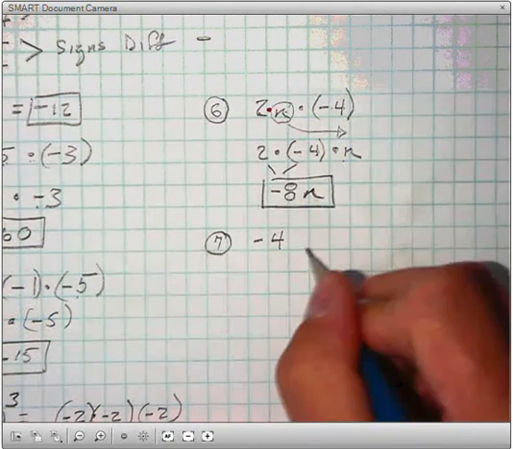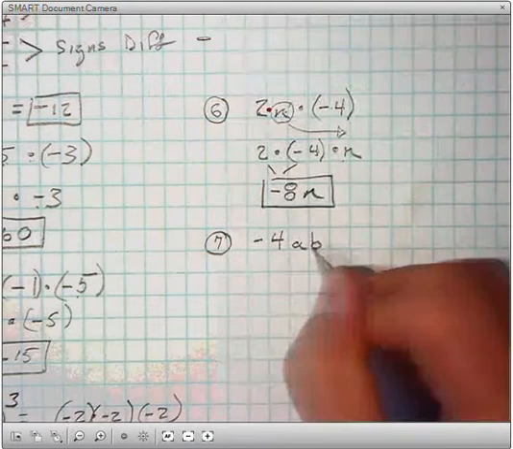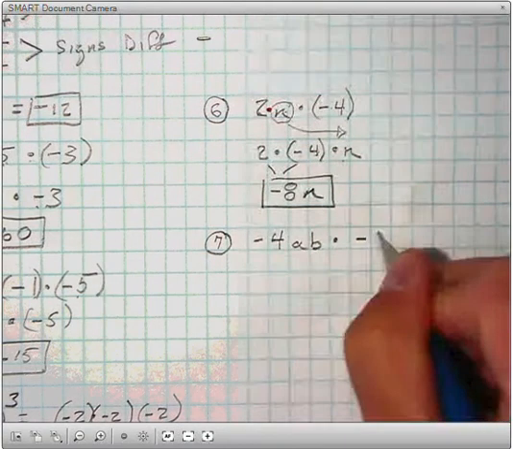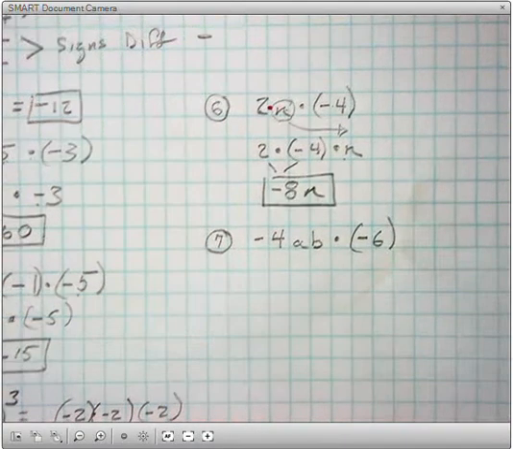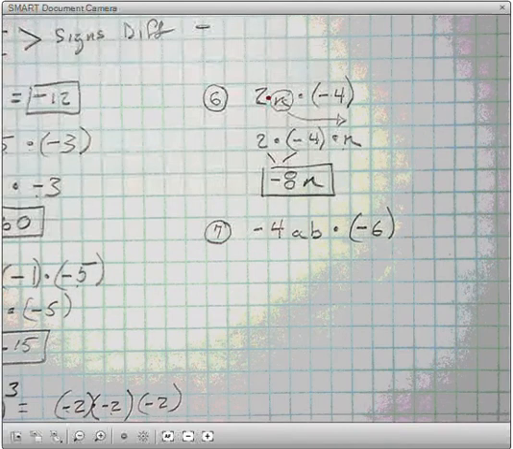I have -4ab times -6. Try that example on your own. Use what you learned right above it.